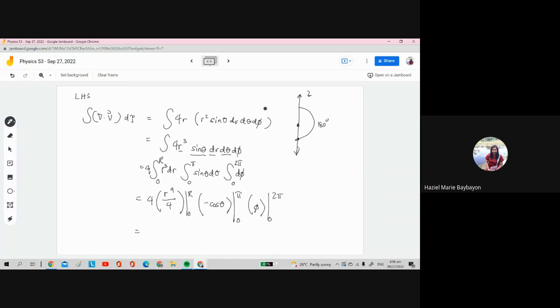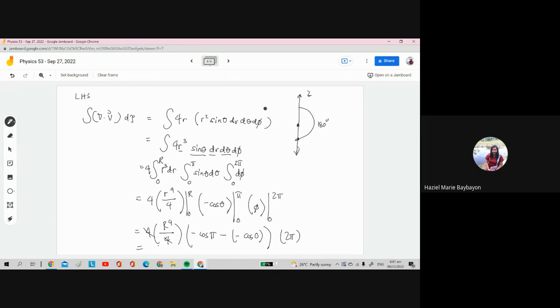Yeah, we will evaluate this. 4 multiplied by r to the 4th over 4 minus 0. Then you have negative cosine pi minus negative cosine 0. And then you have 2 pi minus 0. Okay, so you have 4. We can cancel this out.